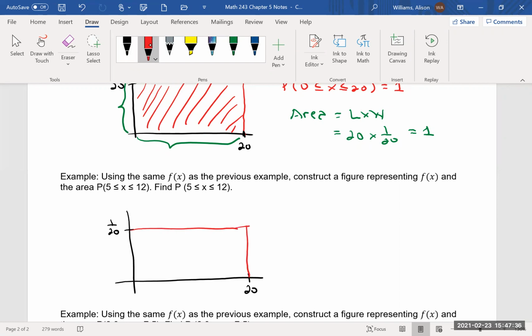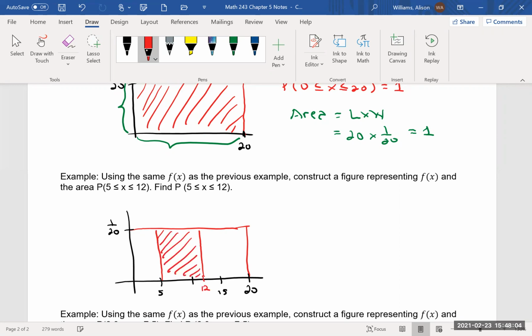But this time they want me to go from 5 to 12. So this would be 10, and that would be 5, and that would be 15, right? So 12 would be closer to 10 than it is to 15. So it'd be like here to here. I'm going to say that's 12.